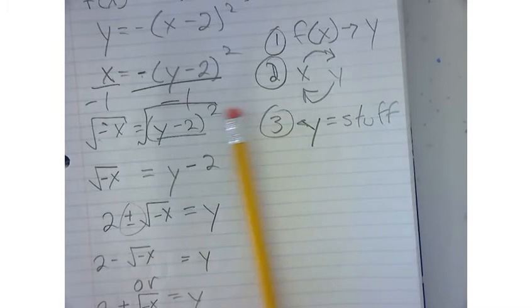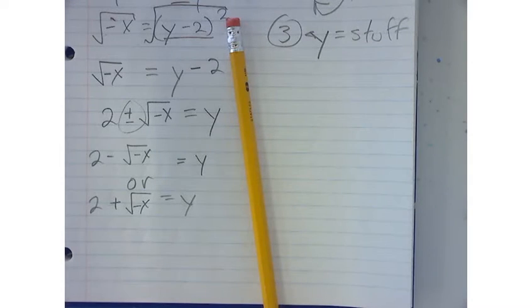And so both of those could be our inverse function. So how could I determine if it's both or just one? Well, graph them. Good. That is exactly what we're going to do.